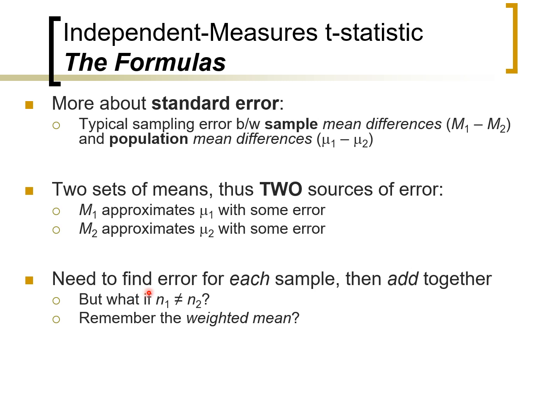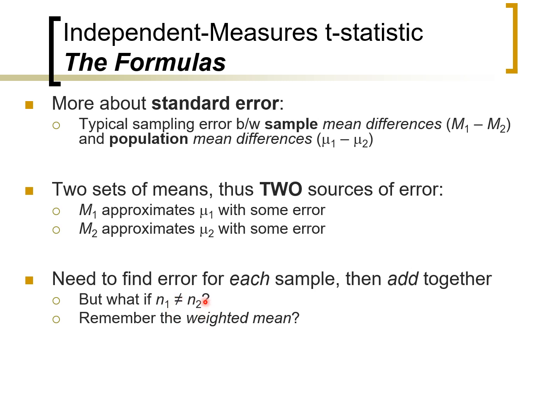Now you might just think, well, let's take our standard deviation for sample 1, standard deviation for sample 2, divide it by 2, and then we've got our average. But remember, if those samples are not equal, and there's no reason they have to be, we don't have to have an equal number of males or females. We probably want them to be kind of close, but they don't have to be exactly the same.